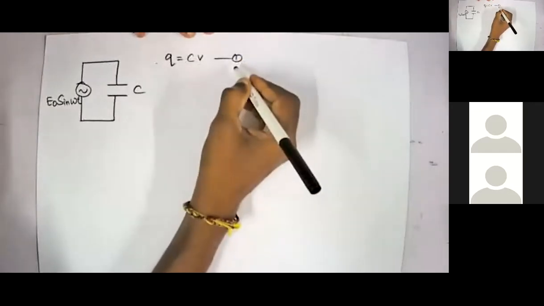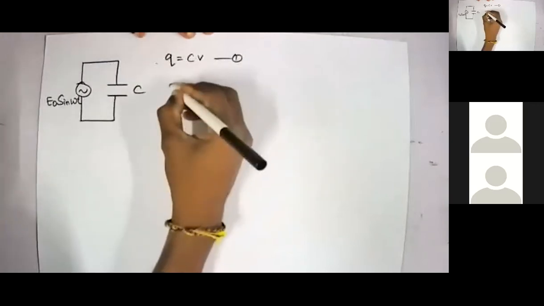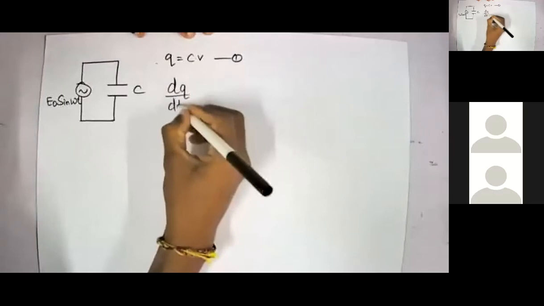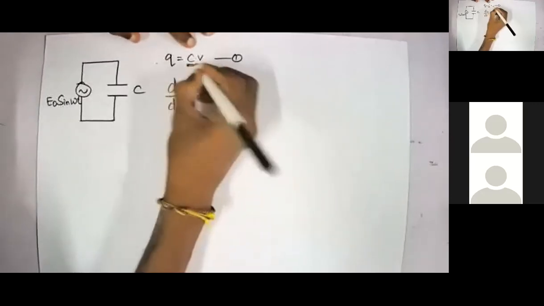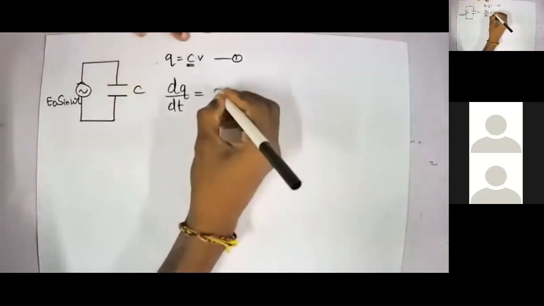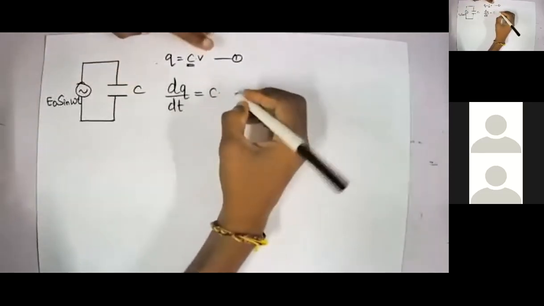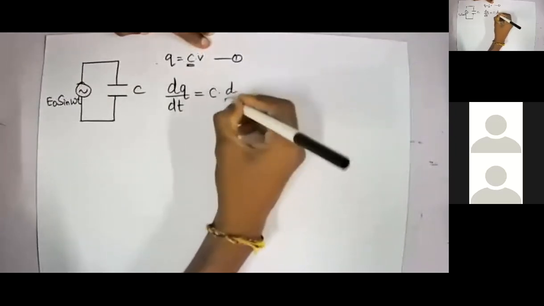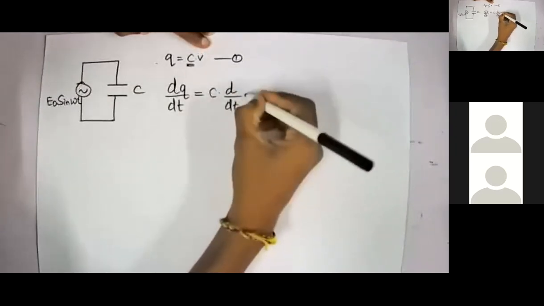Differentiate equation 1 with respect to time. So I can write dq by dt equals C, which is a constant. The capacitance of a capacitor is a constant. So C into d dt of V, since V is a variable with respect to time.